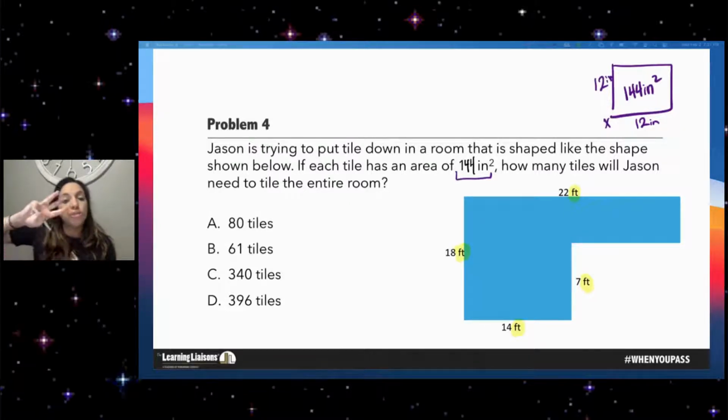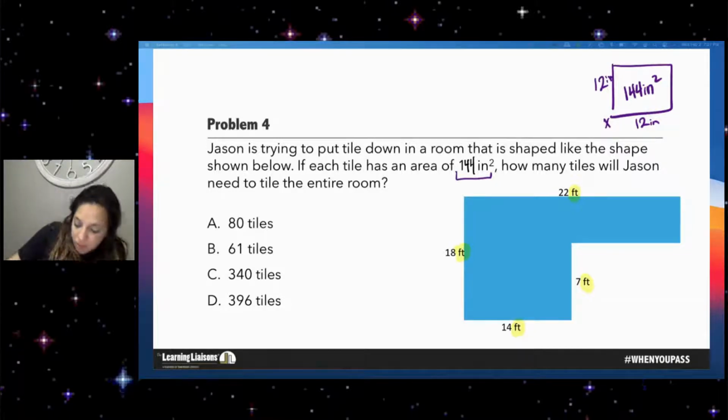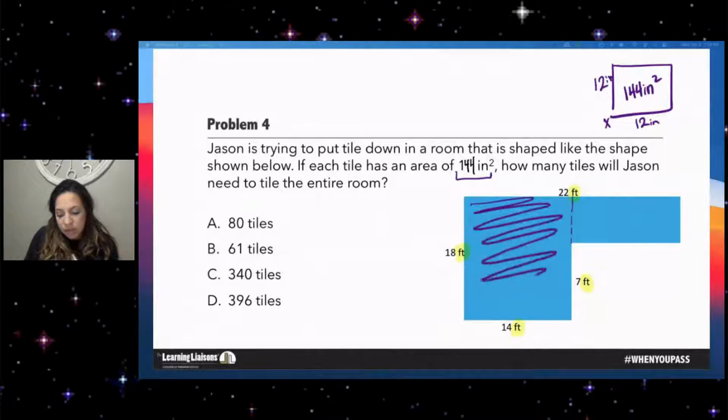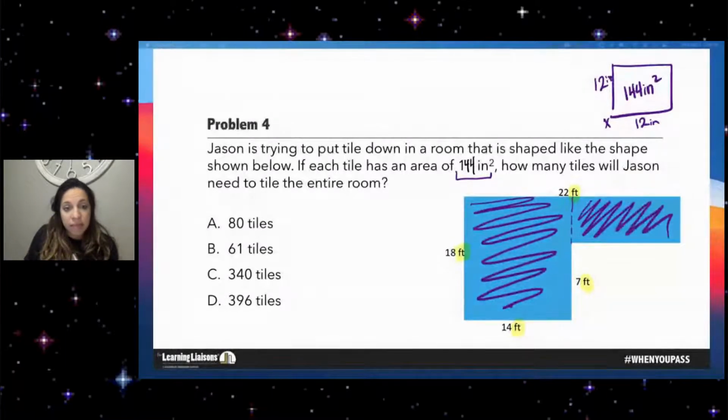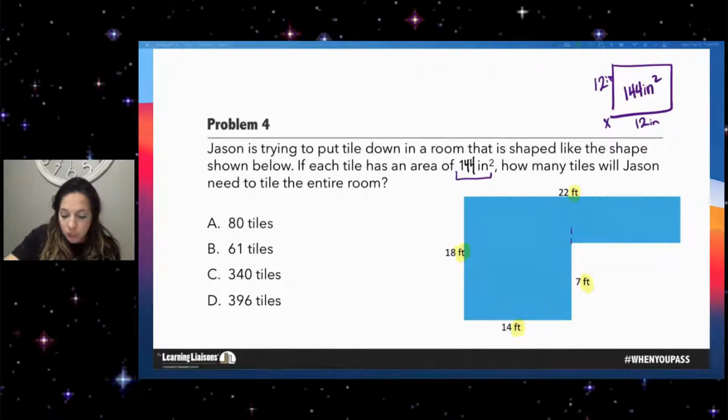There are 3 ways you could solve this problem. First way, cut this shape into 2 rectangles. Find the area of this rectangle, find the area of this rectangle, and add them together. That's way number 1. Way number 2 would be to cut them into 2 rectangles going this way.